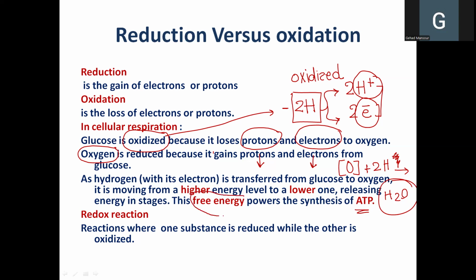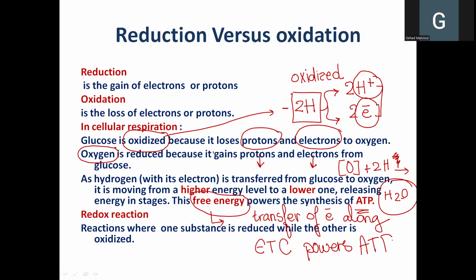So if free energy is released from electron transfer, we can say, and this is an important statement, that the transfer of electrons along the electron transport chain powers ATP formation.